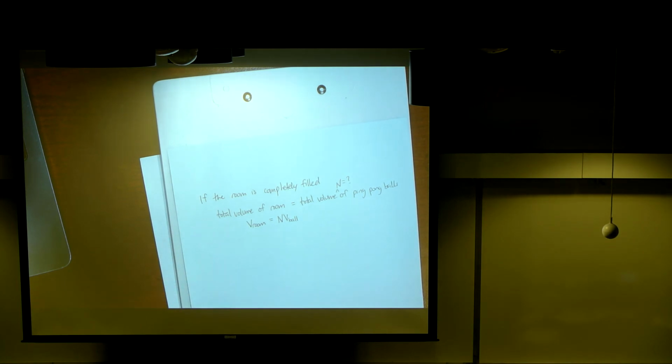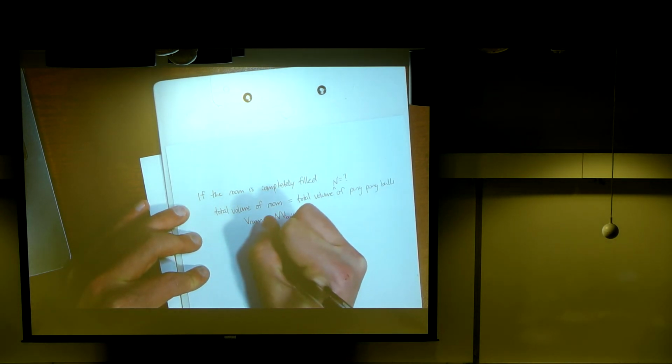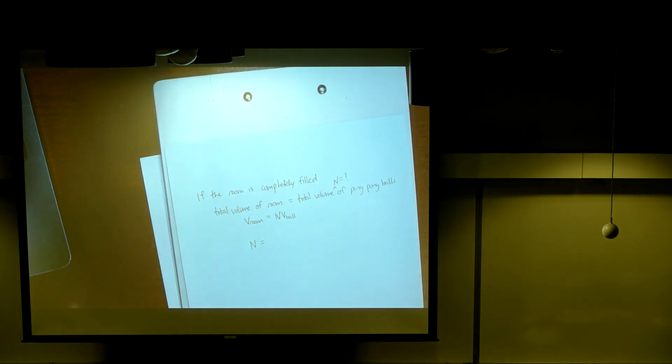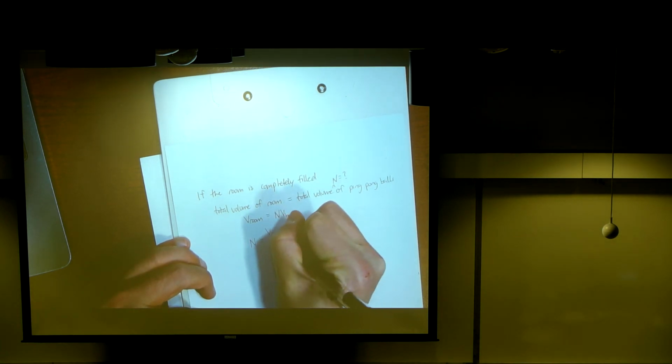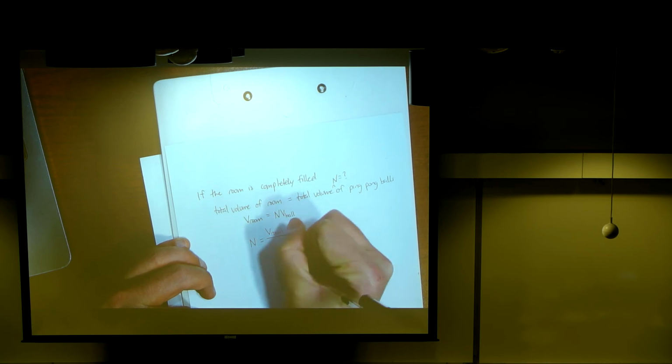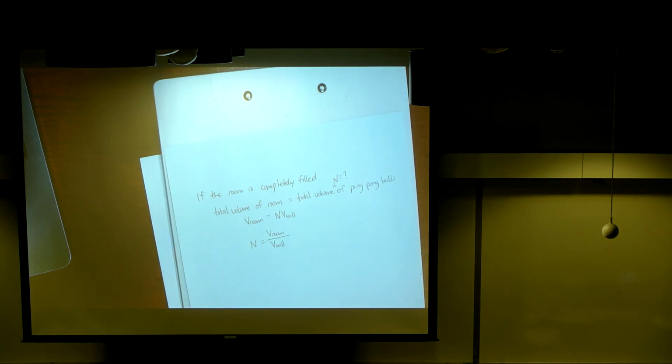That make sense? So that's what it means to fill the room up, okay? And what we're interested in is n. So the number of ping pong balls we can fit in here is just the ratio of the volume of this room divided by the volume of a ping pong ball, okay?